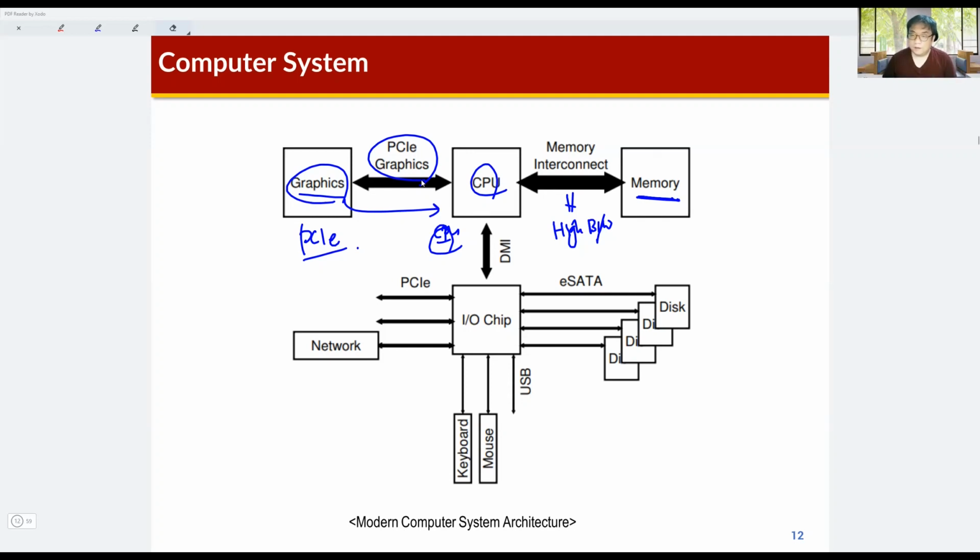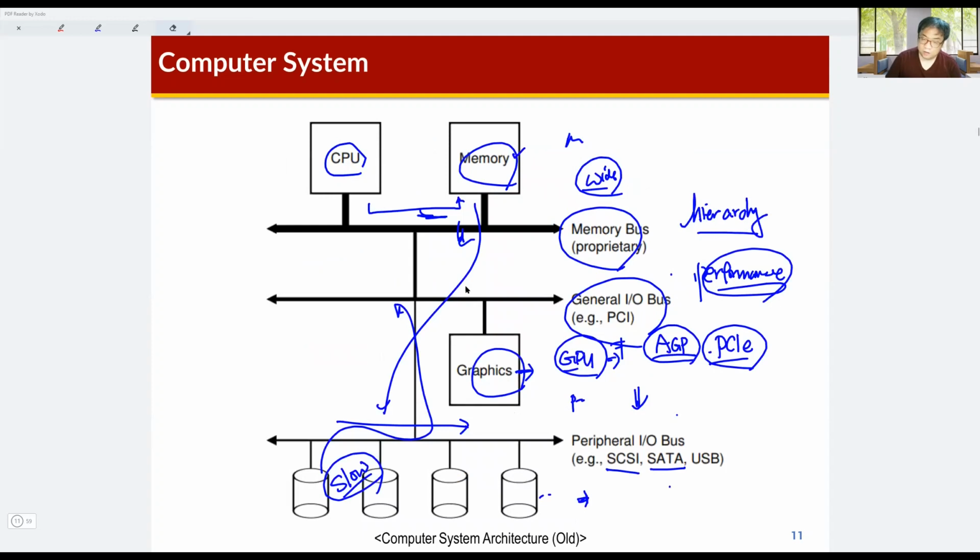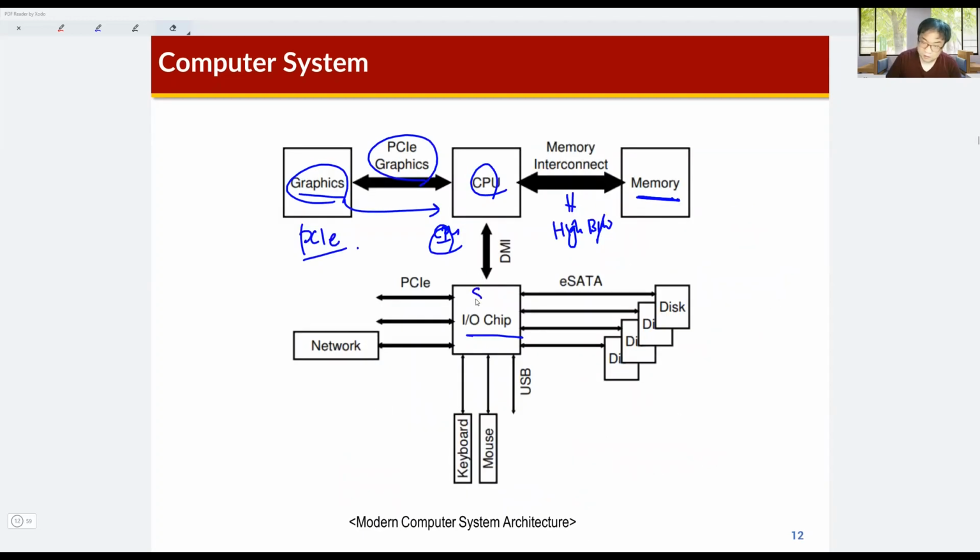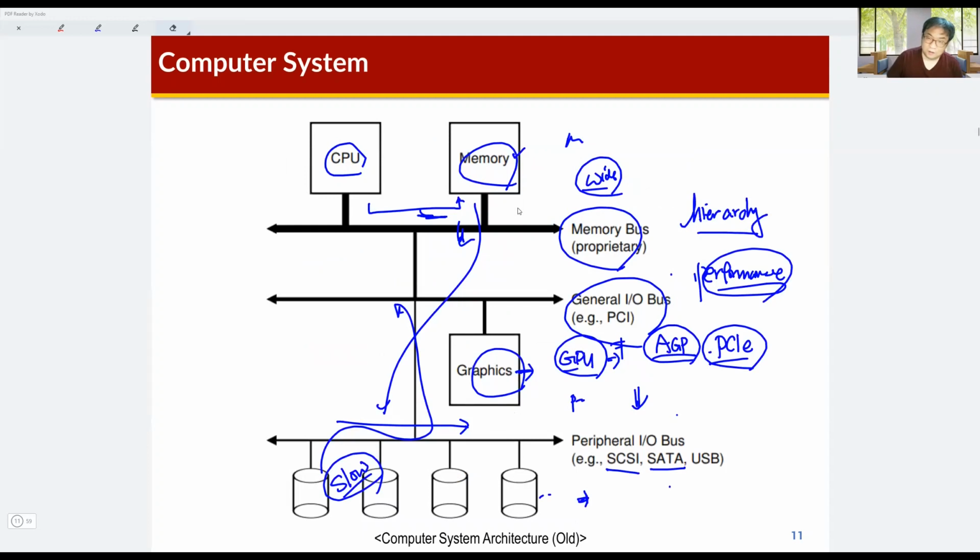Okay, and then in the Intel architecture, the CPU is connected to an I/O chip, which in the old architecture was called the Southbridge chip. Then the memory is controlled by this bus.